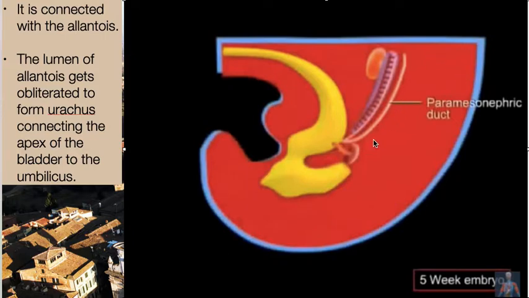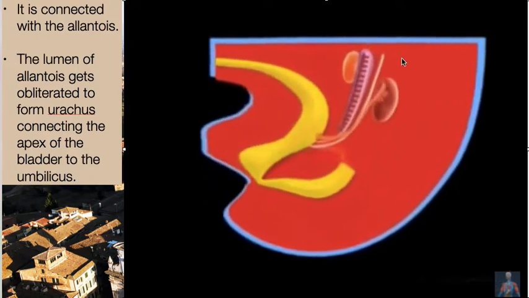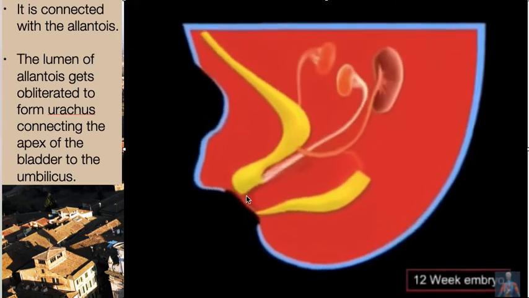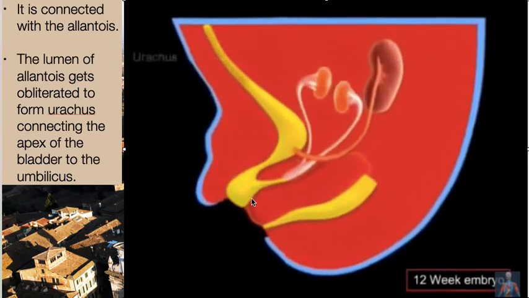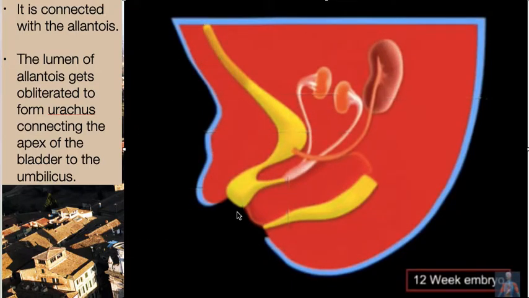This is the paramesonephric duct. Kidneys ascending up, urorectal septum going down. This is the uterine tubes being formed, ovary, vestibule, and the vaginal part.